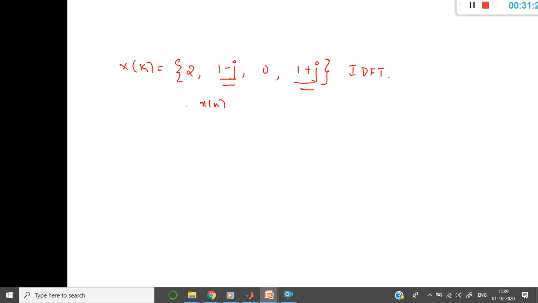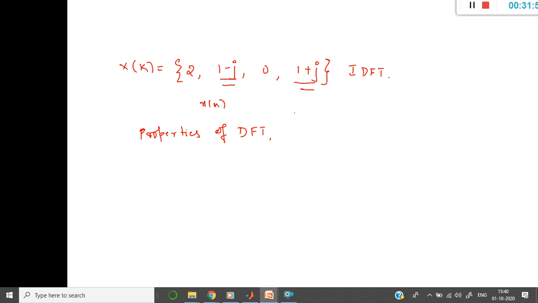Then in the next class, I'll go on to deal with the properties of DFT. The main properties of DFT are periodicity, linearity, and circular convolution. In Fourier series, Fourier transform or Laplace transform, you already studied the convolution method, and here also we will revisit the convolution property, but here we talk about circular convolution.